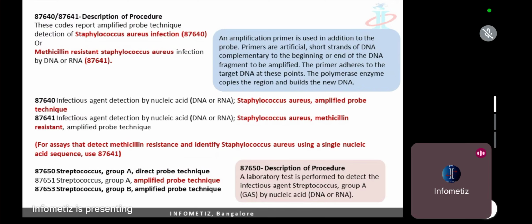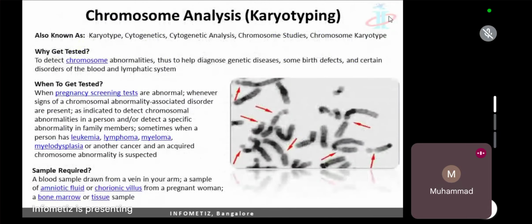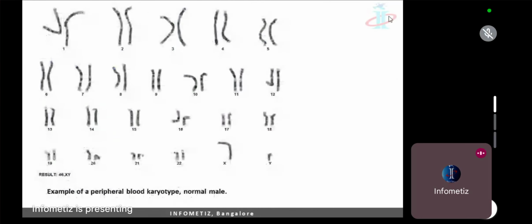Highlight that, it is one keyword. These codes we have seen in many exams. That is why I'm telling you to highlight the code. Okay, then it's done. Sir, 87808, right? 808, correct.